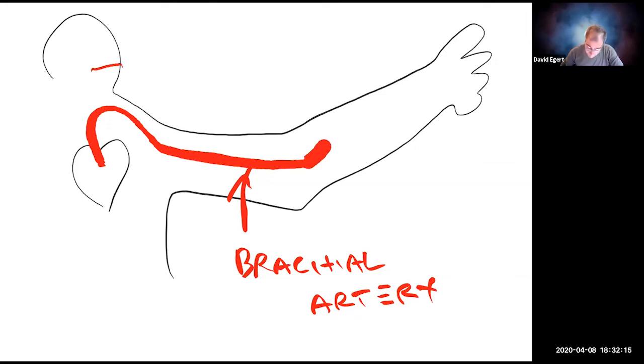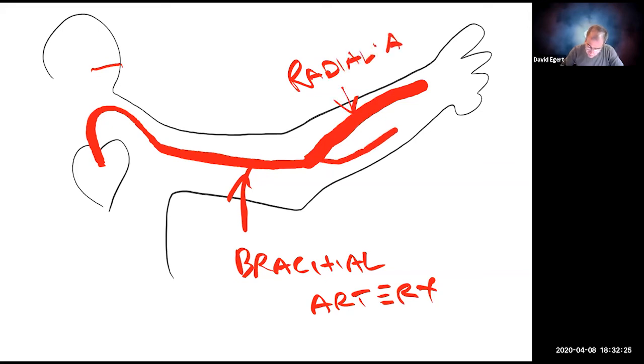It splits, going off towards the thumb is the radial artery. But then there's also a branch going towards your pinky called the ulnar artery.